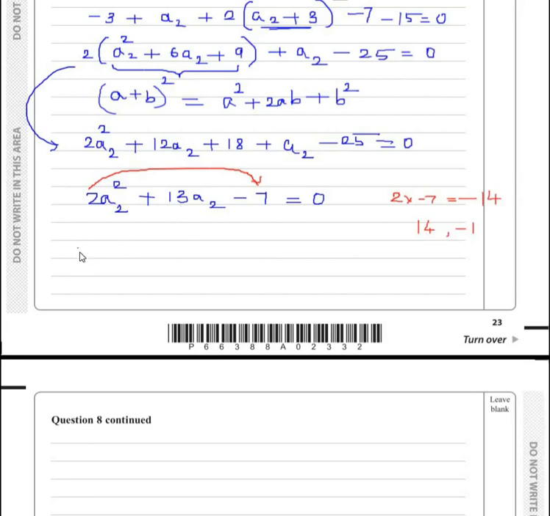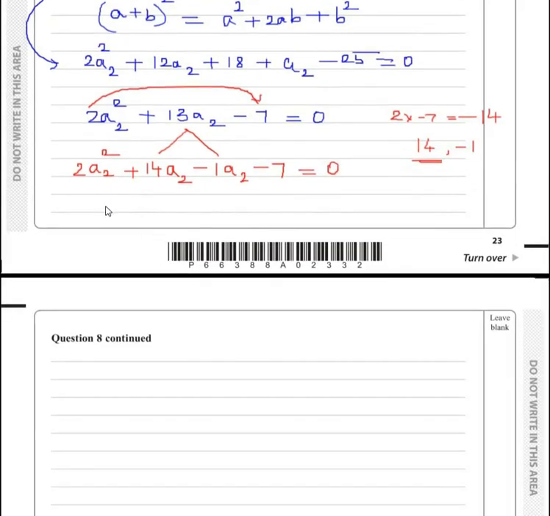So I'm going to write it as 2a2 whole square, and plus 13 can be split as plus 14a2, which we got from this, and minus 1a2, minus 7 is 0. Let me factorize the first two terms. The common from this one is 2a2, in the bracket remains a2 plus 7.